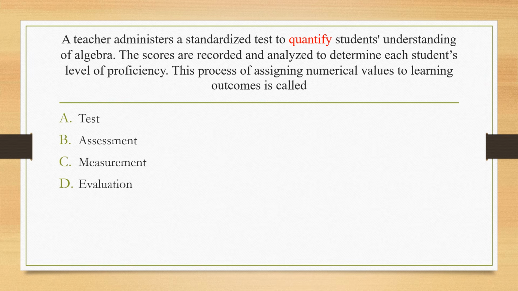Okay, this question could be somewhat lengthy or confusing, but there is a keyword or phrase that will help you to identify the answer so easily. A teacher administered a standardized test to quantify students' understanding of algebra. The scores are recorded and analyzed to determine each student's level of proficiency. This process of assigning numerical values to learners' outcomes is called what?